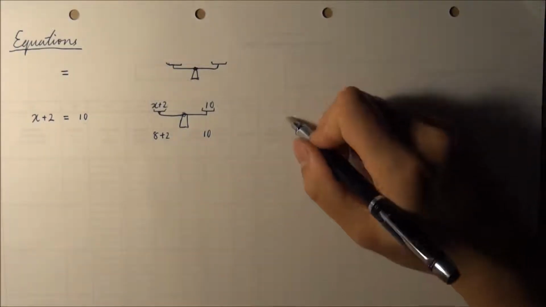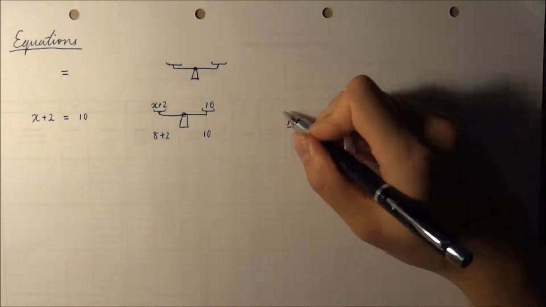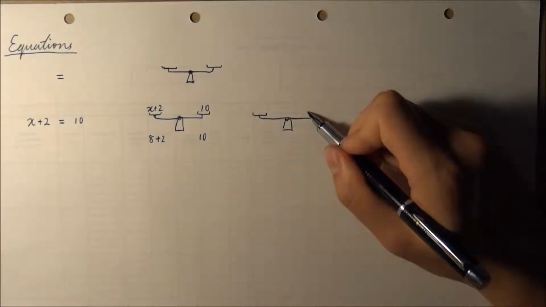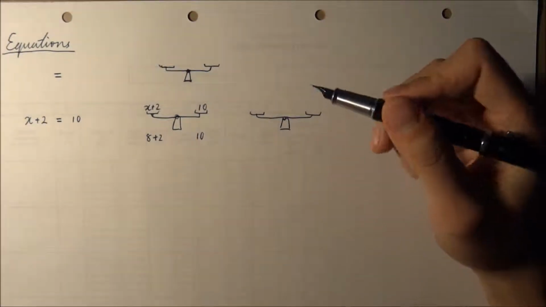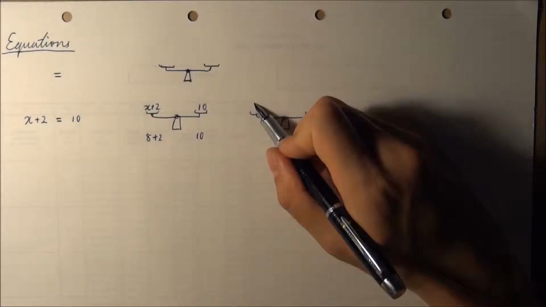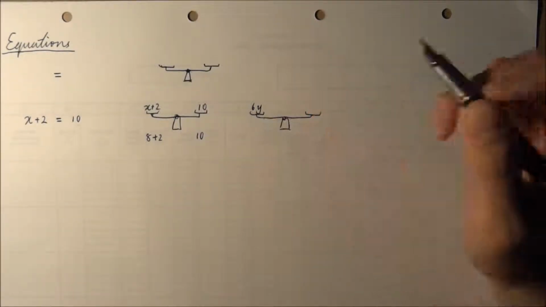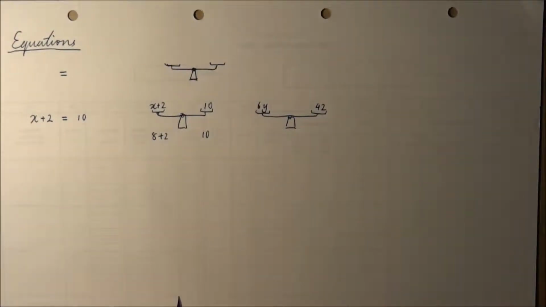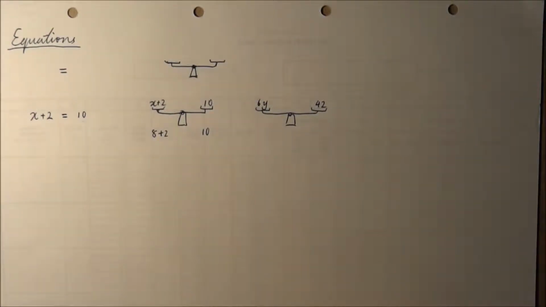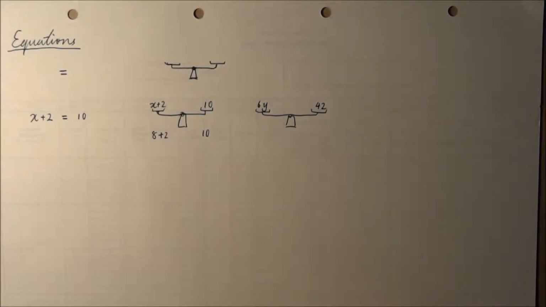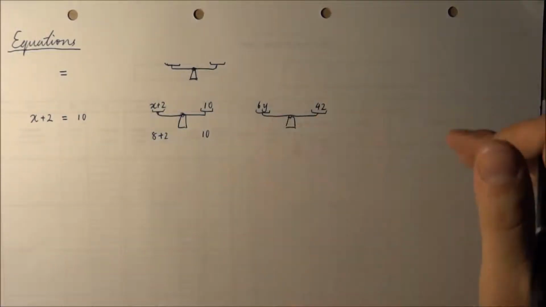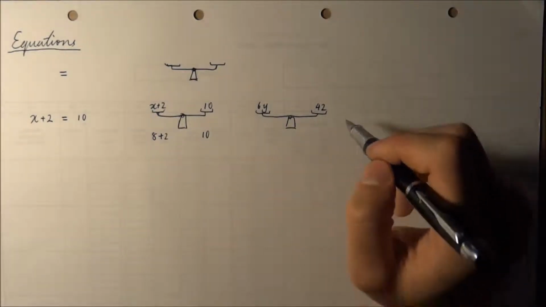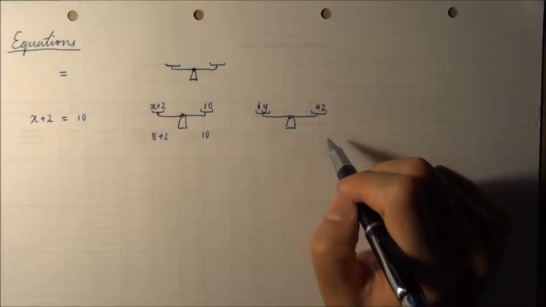Similarly, if we have another scale, with 6y on one side and 42 on the other side, the only way for the balancing scale to remain balanced is for y to equal 7.